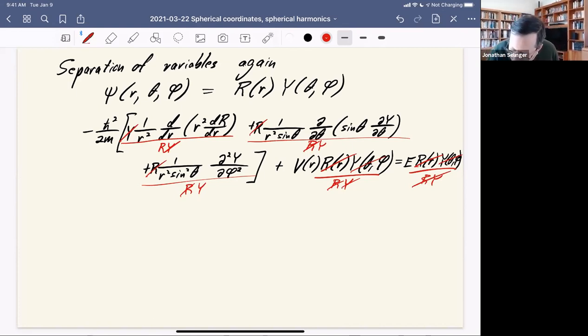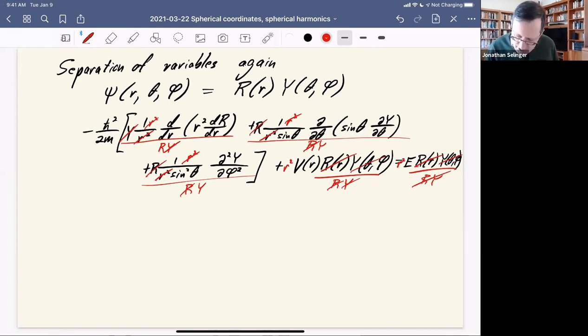So if we multiply through everything by little r squared, r squared, and r squared, and r squared. Okay. Now let's see what we have left.